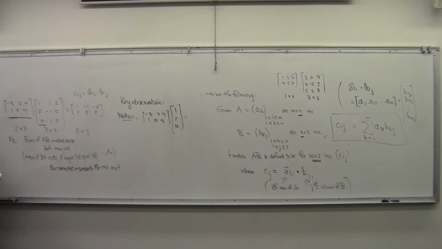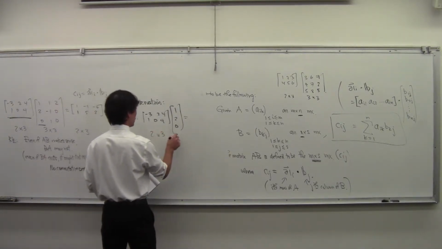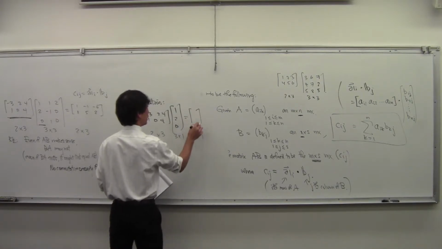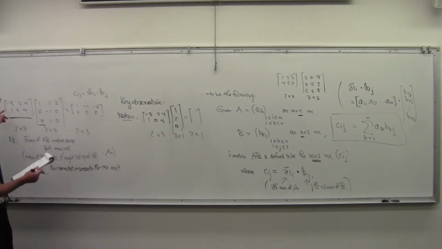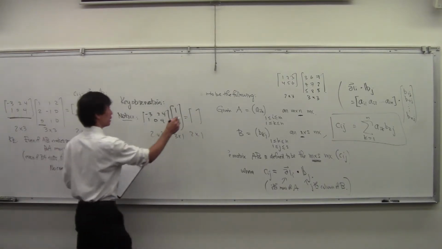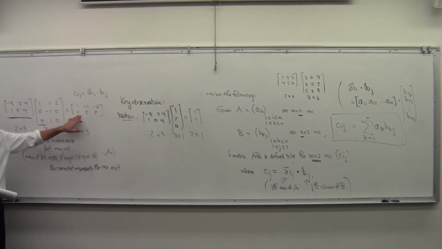This is a 2 by 3 and this is a 3 by 1, so you get a 2 by 1. And what 2 by 1 is it? 1 and 1. Of course, you get the first column of the matrix that we calculated already.